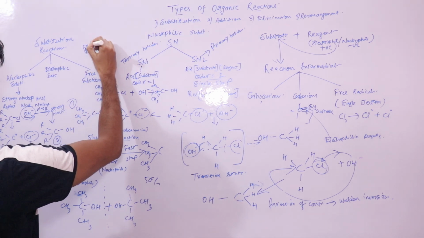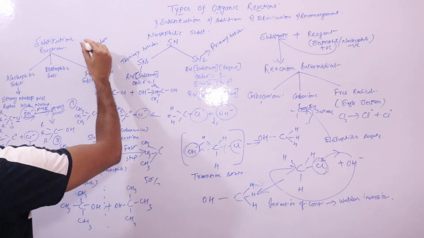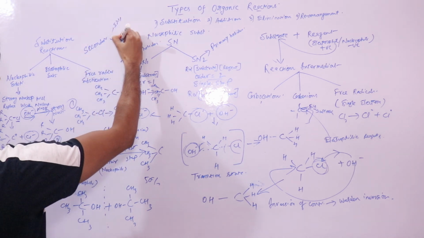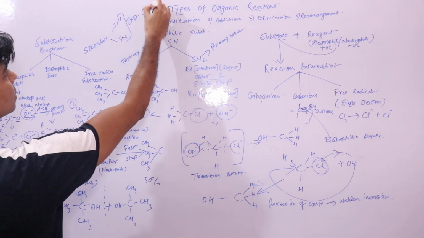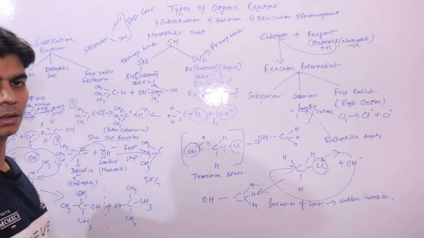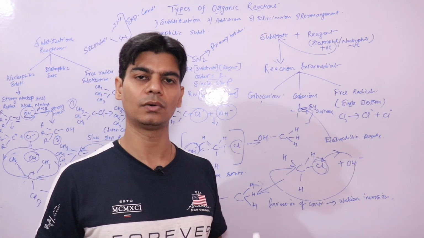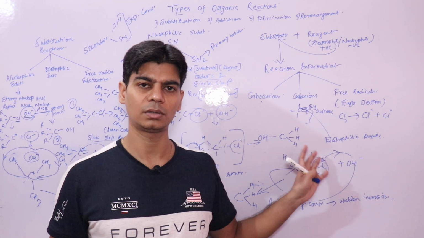If you have a secondary halide, it can undergo SN1 reaction or SN2 reaction depending on your experimental conditions. You can make a secondary halide undergo SN1 or SN2 reaction depending on the experimental conditions. I hope this is clear. This is an important topic. Thanks.